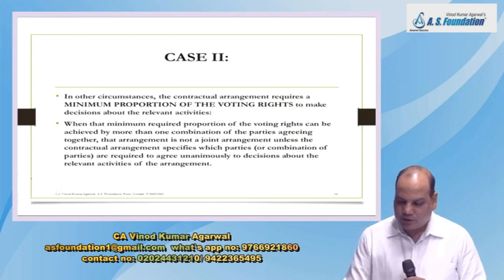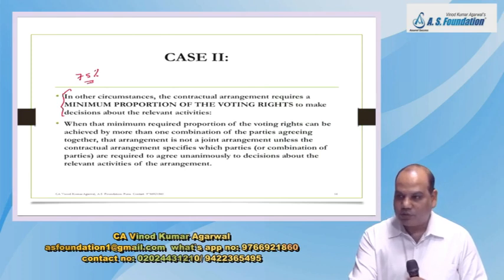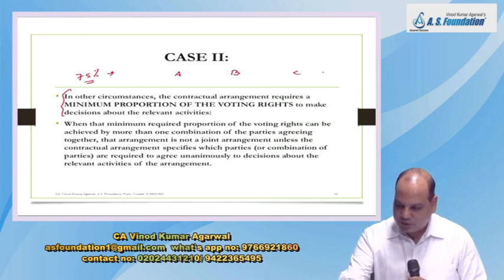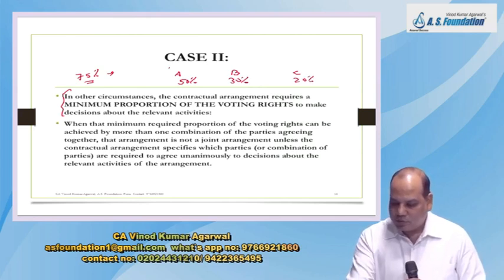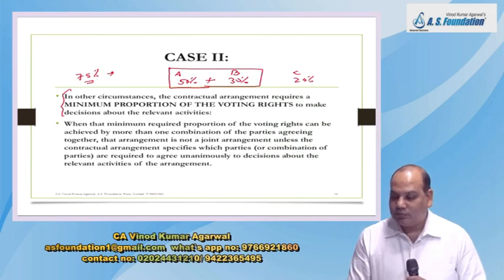Suppose the agreement says at least 75% of the votes should be cast in favor of a resolution. A, B, C are stakeholders with 50, 30, 20. Which means A and B have to agree unanimously. Then only the decisions can be taken.